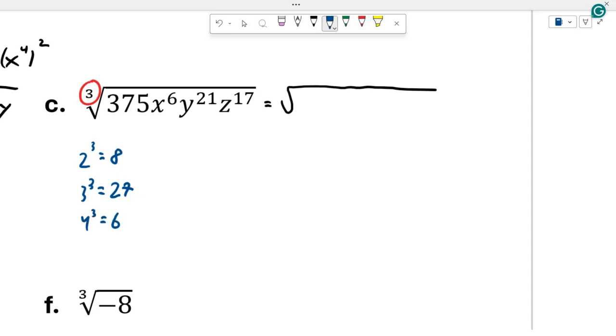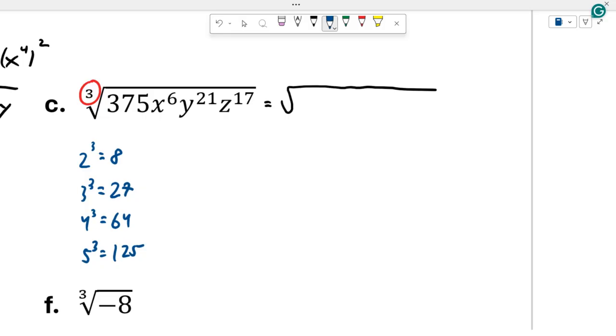4 cubed is 64, which was also a square number, by the way, because it was 8 squared. But it's also 4 cubed, so it's also a cubic number. And 64 does not go into 375. 5 cubed is 125, and 125 does go into 375.